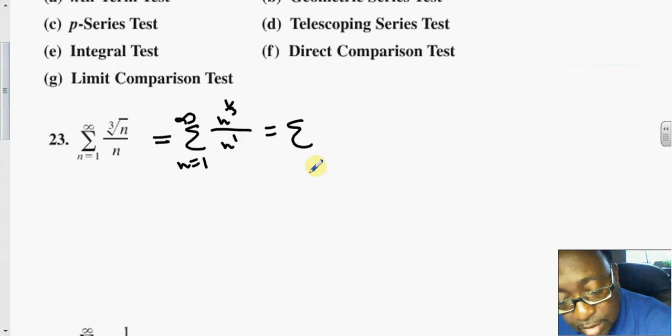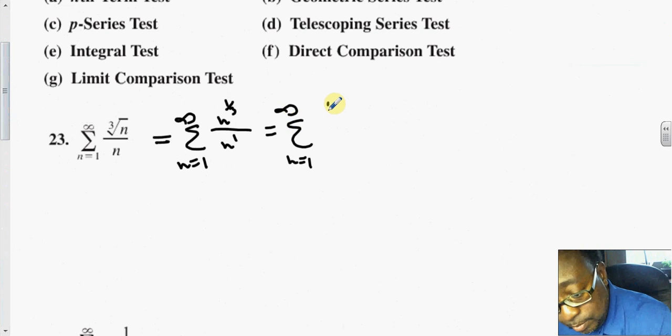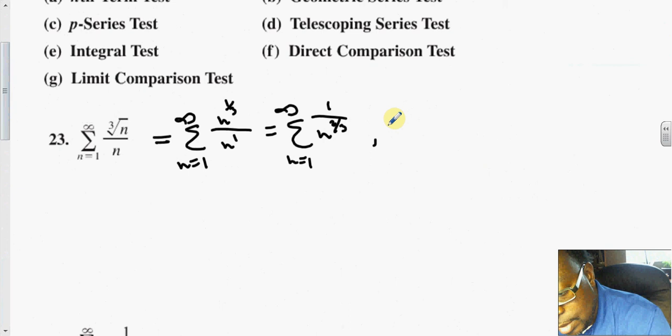So this is the summation as n goes from 1 to infinity of 1 over n to the 1 minus a third. And so that gives you 2/3. Here p is equal to 2 over 3.